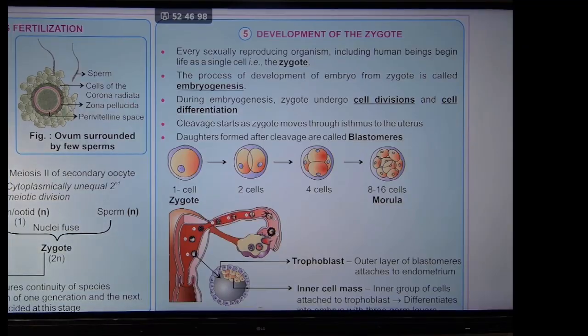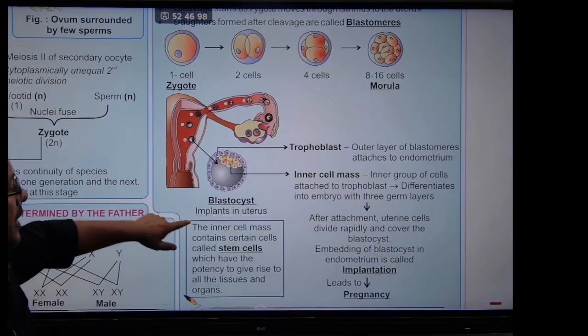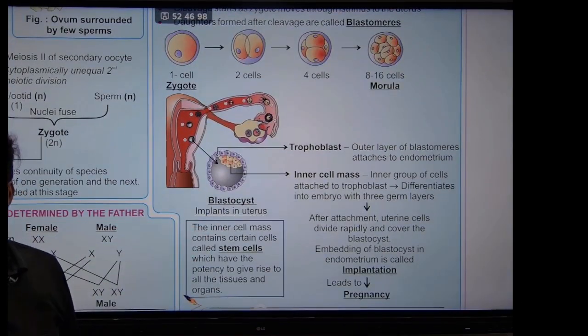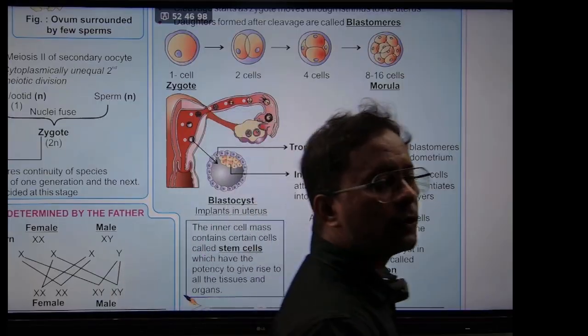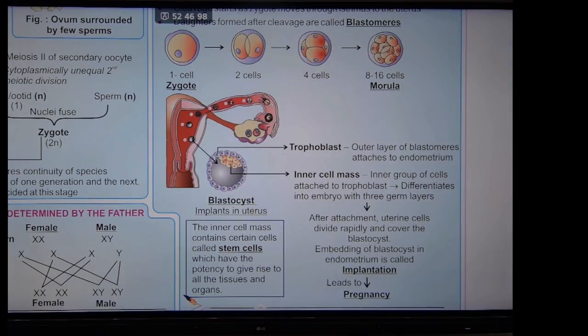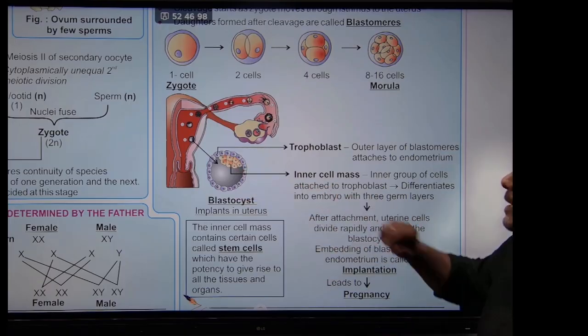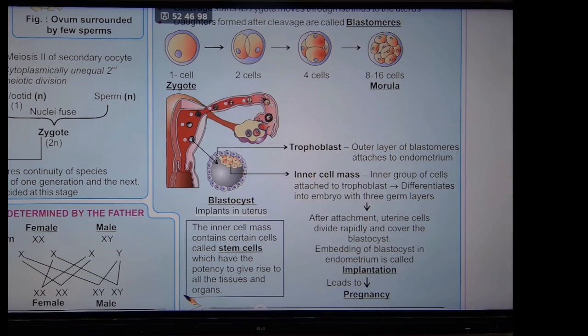And the morula transforms into the blastocyst. What is the difference between the blastocyst and the morula? The morula is just a mass of cells, whereas the blastocyst is a proper structure where some cells form an outer layer, and some cells form a mass inside, which is called the inner cell mass. The outer layer is called the trophoblast.